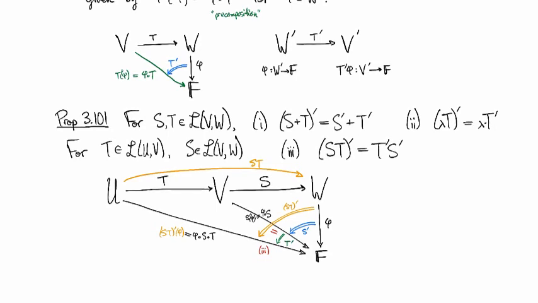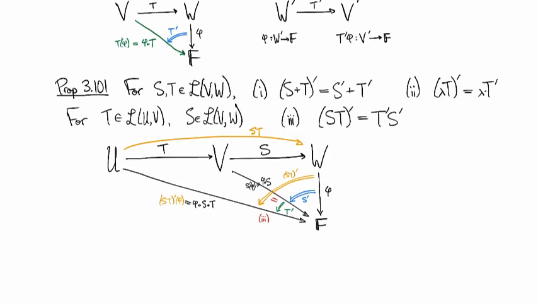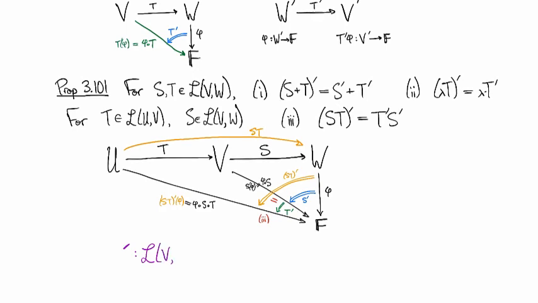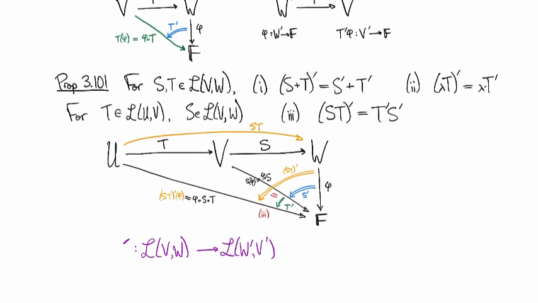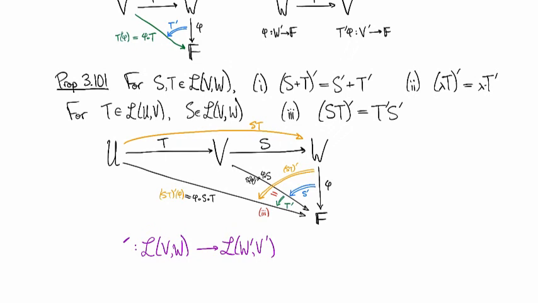All right. Okay, and so parts 1 and 2 of this proposition can be expressed loosely by saying that prime is a map from L(V, W) to L(W prime, V prime), and as a map from L(V, W) to L(W prime, V prime), it is a linear map and it is contravariant.